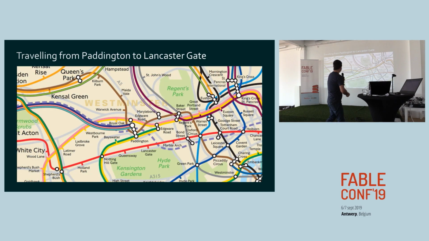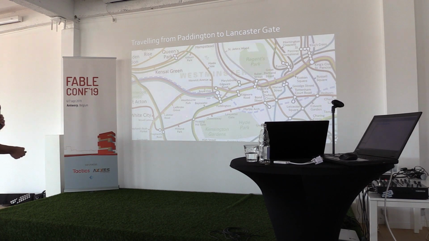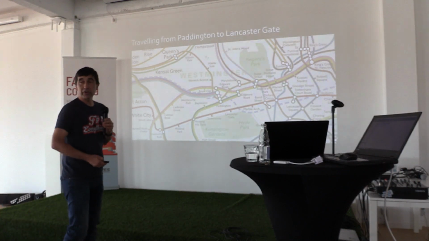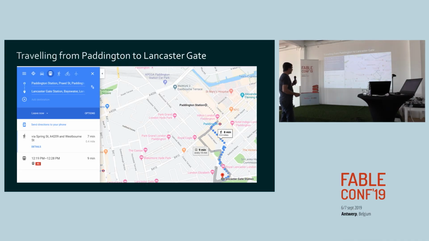And if you look at the geographically correct map, then you will see that there can be something wrong here. Basically, you're traveling right to the west, and then you're coming back. So maybe you would be better off walking there. And in fact, if you check Google, you will find that it takes only 7 minutes to walk, while it will take you 9 minutes to use public transport.